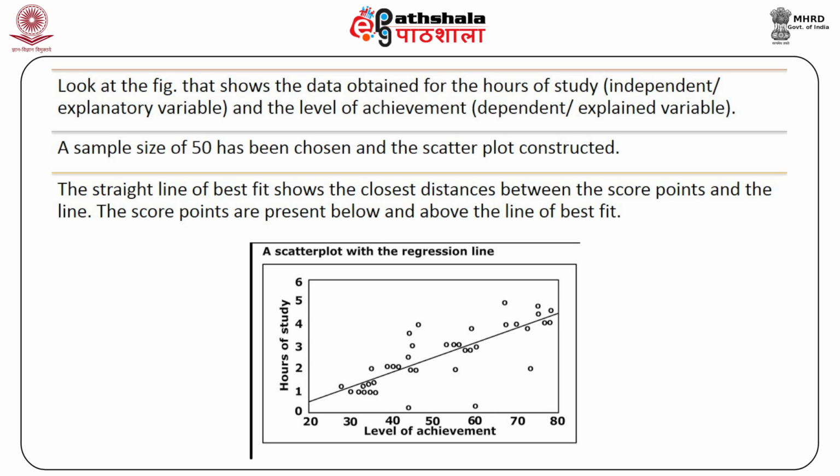You can have a look at the figure to observe this scatter plot, that the greater the number of hours spent in studying, the greater is the level of achievement. The line of best fit is indicative of a positive relationship and a strong one, as the slope of the line is quite steep with respect to correlation.